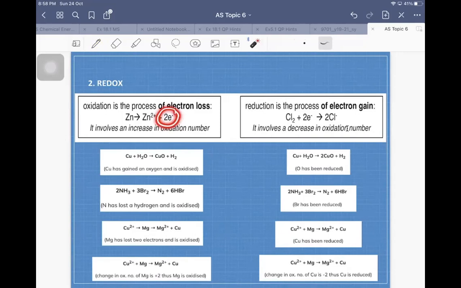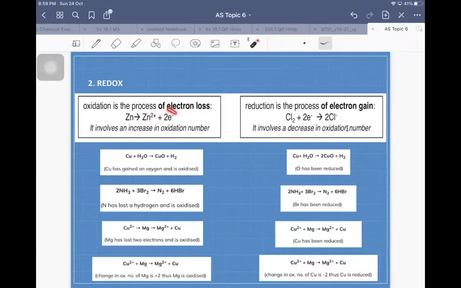In a half equation, which does not show you the full reaction, your zinc is converted into zinc 2+, but it doesn't tell us what zinc is reacting with. Zinc is converted into zinc 2+ to produce electrons. That means we have lost the electrons.